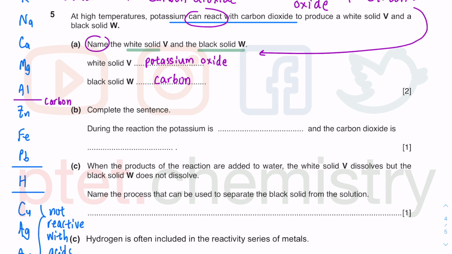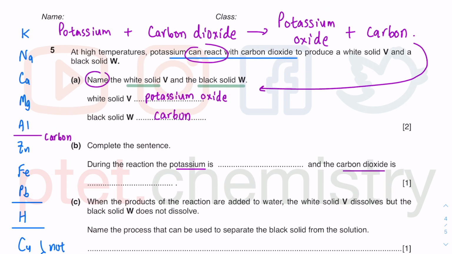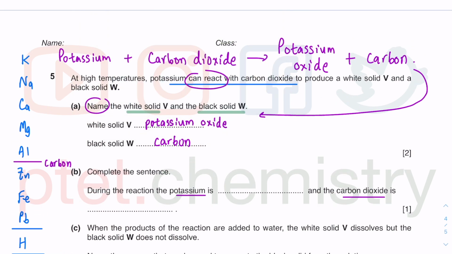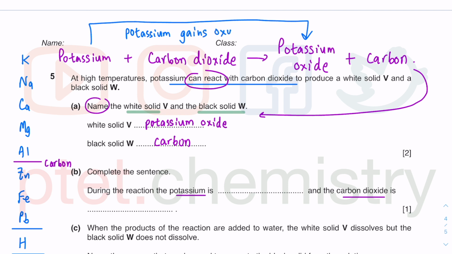So during the reaction, what happened to the potassium and what happened to the carbon dioxide? We can think about this reaction in terms of what happened to the potassium first. Here, the potassium is a metal with no oxygen. Potassium oxide has an oxygen, so I can say that the potassium gains oxygen, and gaining of oxygen is what you call oxidation.